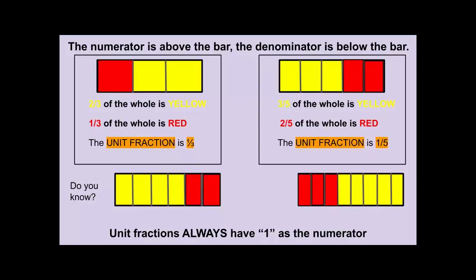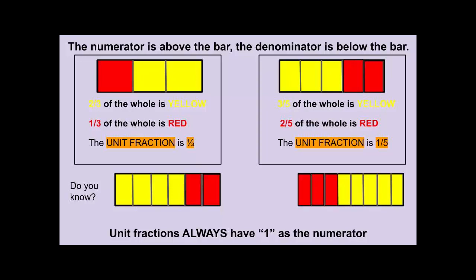Let's practice and try some fractions and regions on your own. Looking at the bottom, do you know what fractional part of this first rectangle is yellow? Count the total number of parts in the rectangle.